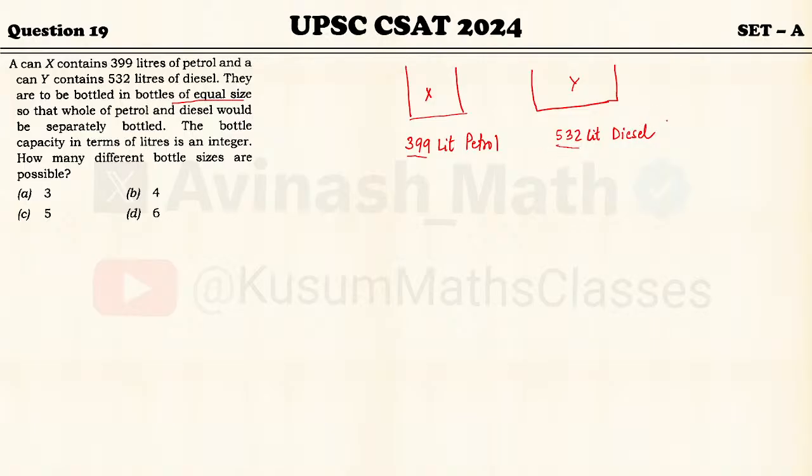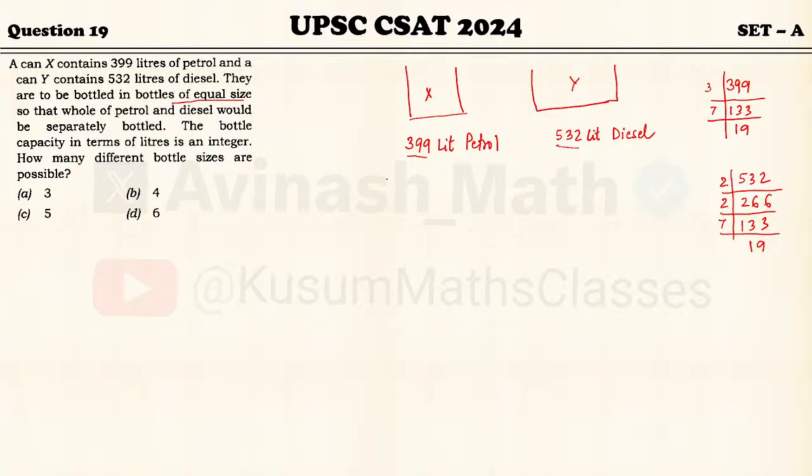आप देखें 399 को हम अगर ब्रेक करें तो किस तरीके से कर सकते हैं। 399 is 3 times 133, and 133 is 7 times 19. And what about 532? 532 can be written as 2 times 266, and 266 is again 2 times 133, and 133 means 7 times 19.